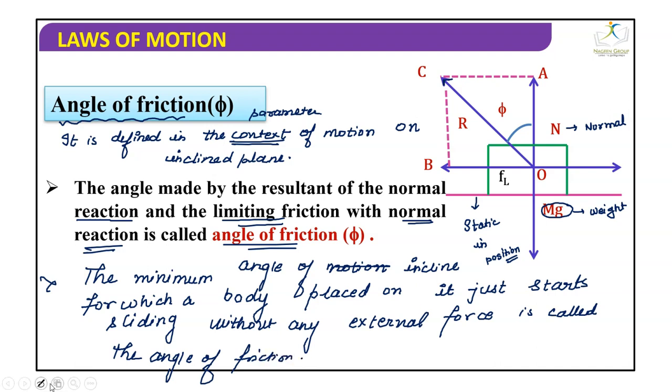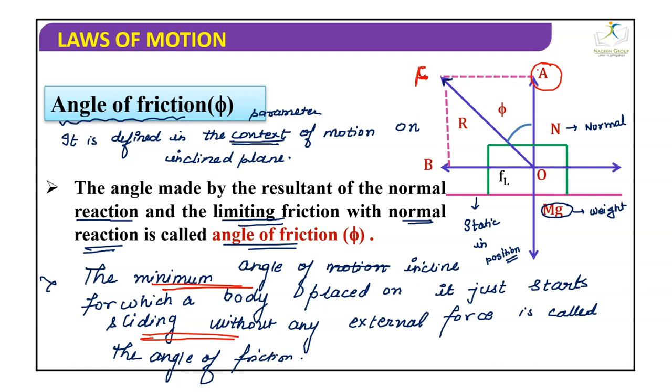In one line, we can say it is the minimum angle required to slide the body. It is a condition and it will be the angle between the force and the normal. As you can see, this is the normal and this is the resultant force.